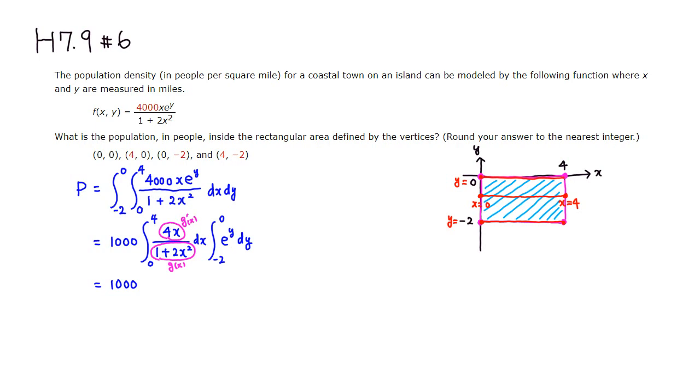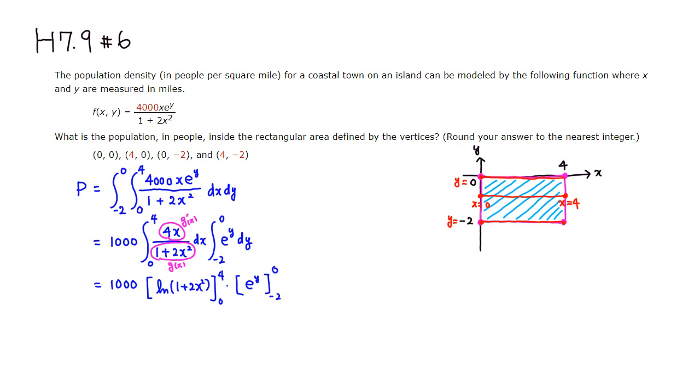So the antiderivative is natural log of it, and we don't need absolute value because that quantity is never negative, going from 0 to 4. And the antiderivative of e to the y is easy because it doesn't change, so e to the y going from -2 to 0.